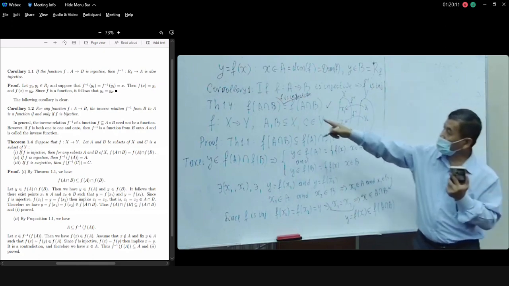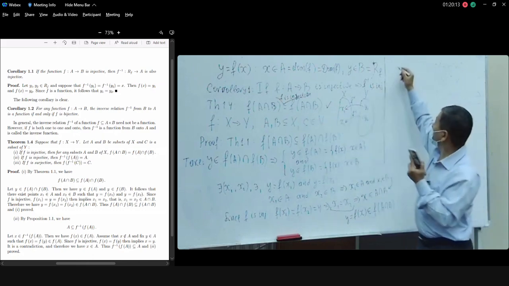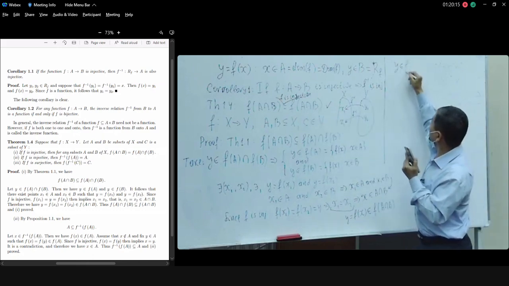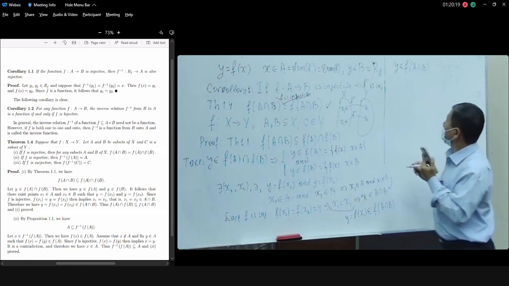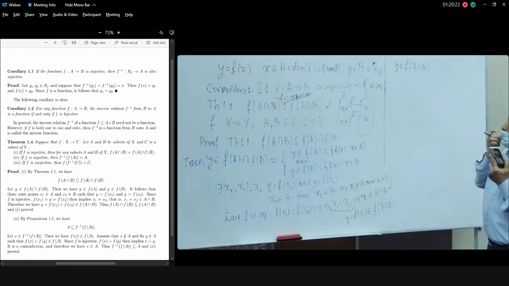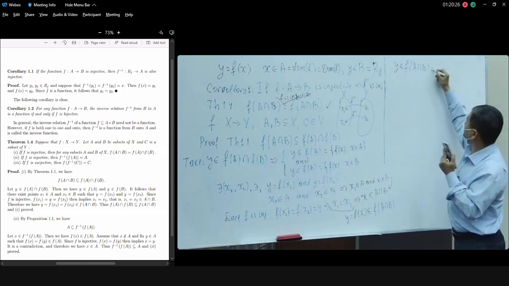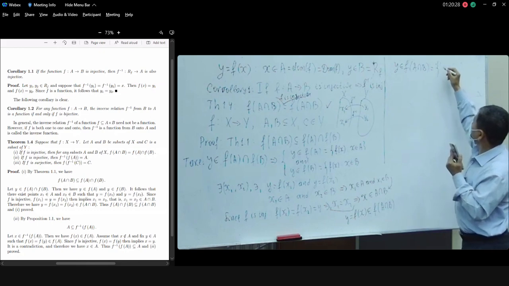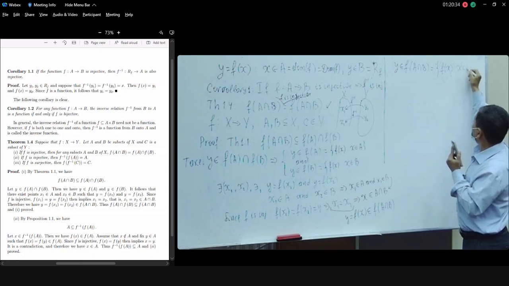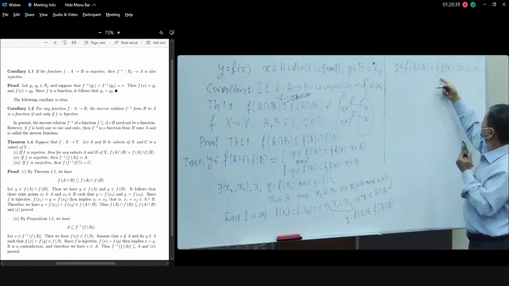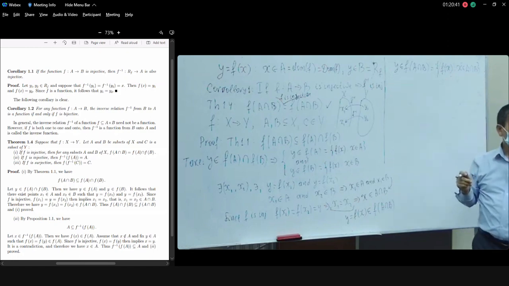So I will take an element from the left side. Take y from the left side, f of A intersection B. According to the definition, it is the element f of x such that x belongs to A intersection B, according to the definition, right?